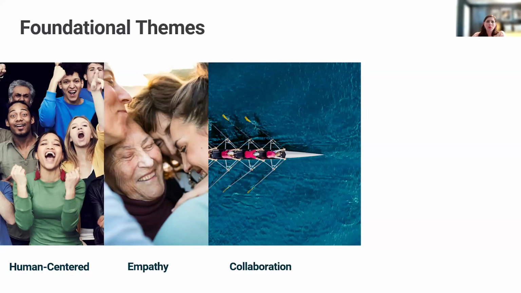Collaboration. So with all of this diversity of input and perspective, that ultimately leads to working together towards a common goal. And how can you provide opportunities for all of these diverse perspectives to contribute, leveraging those different ideas and skill sets?